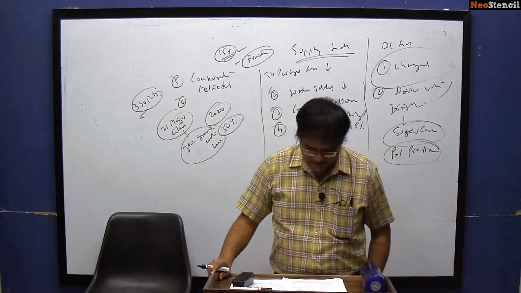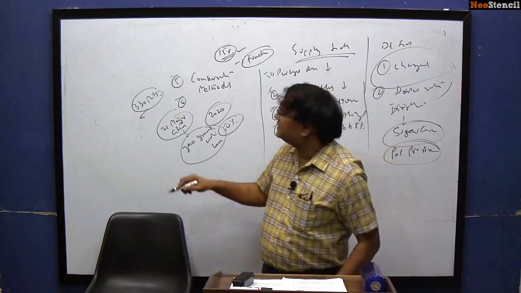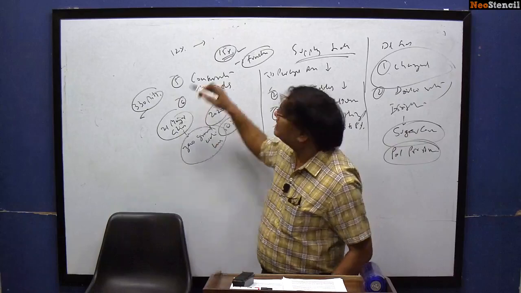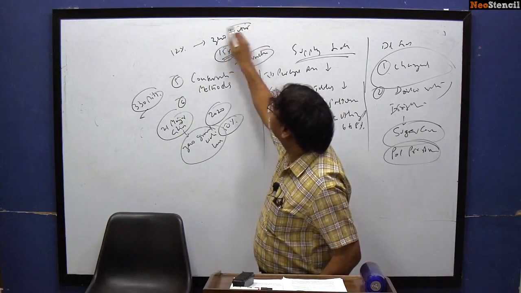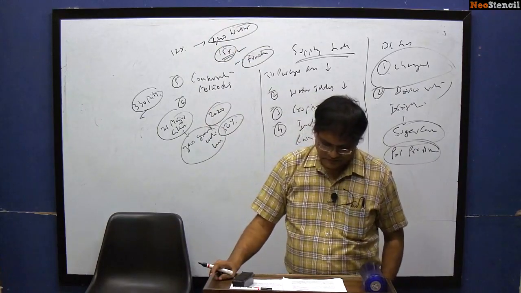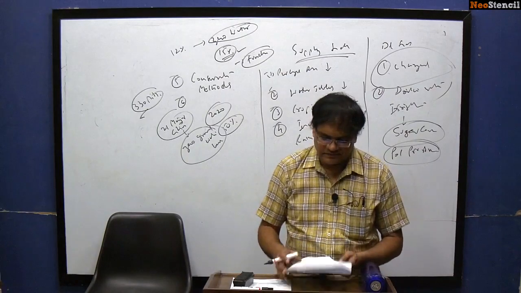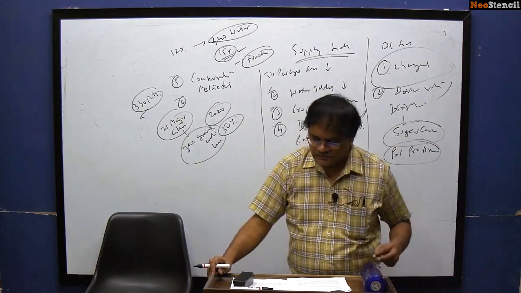At this point of time, 12% of our population is living in what is called zero water levels. That is where the problem is.